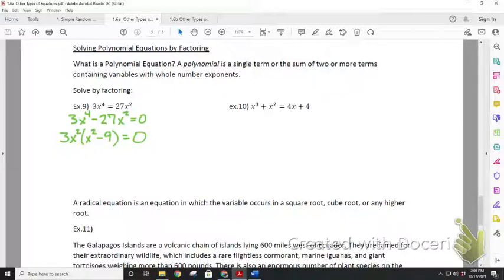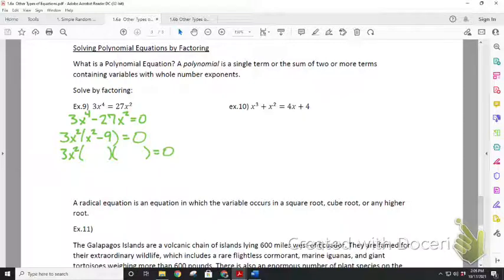You just set each factor equal to 0. Actually, sorry, I got ahead of myself. We have to factor that parenthesis, because that is a difference of two squares.